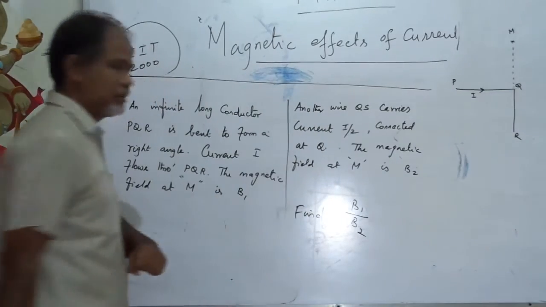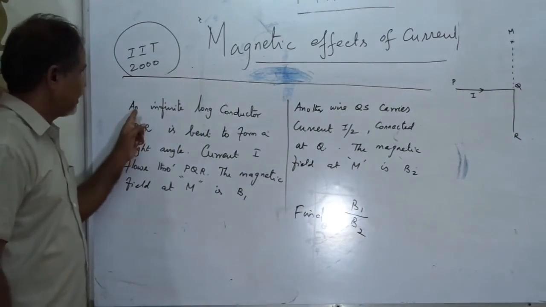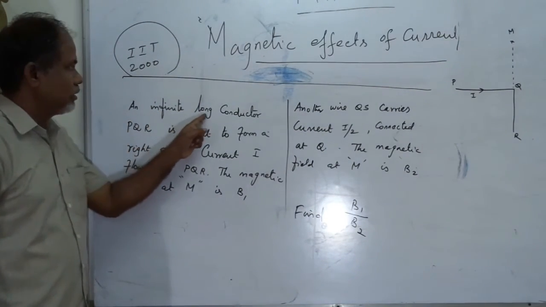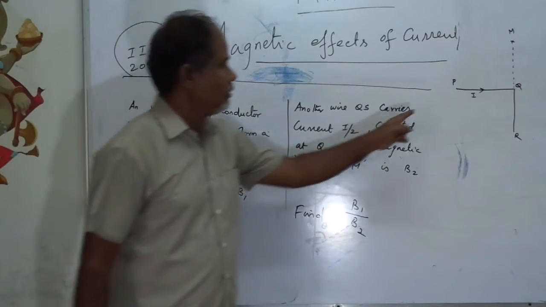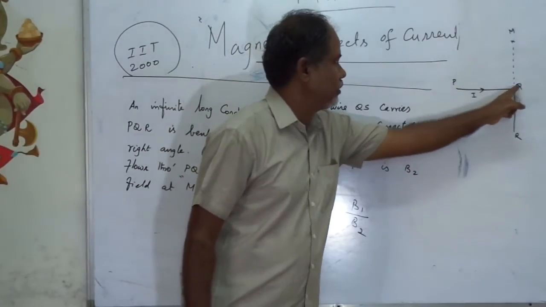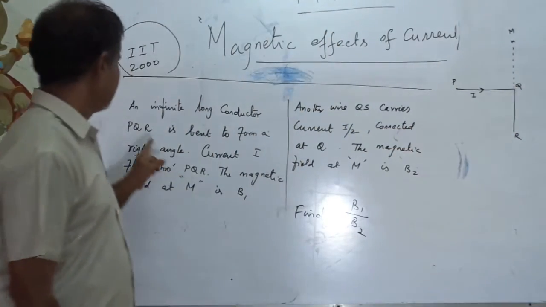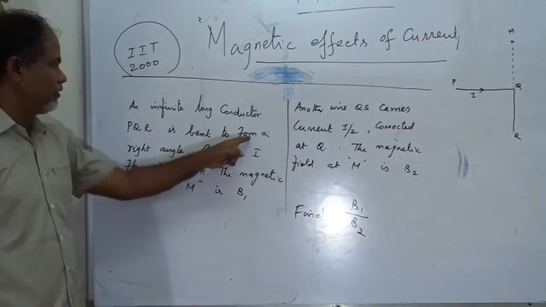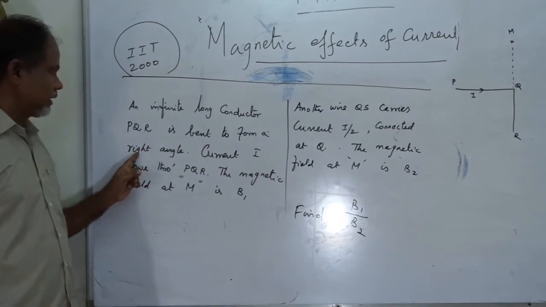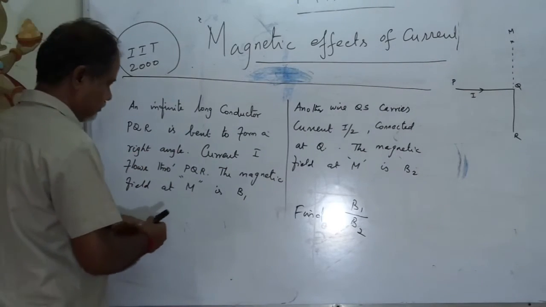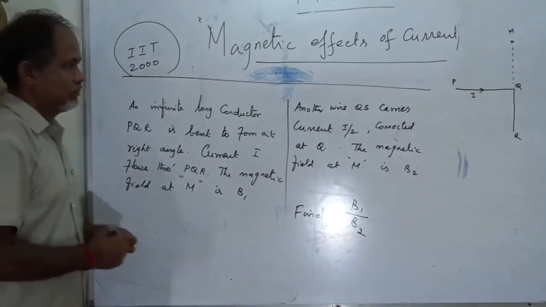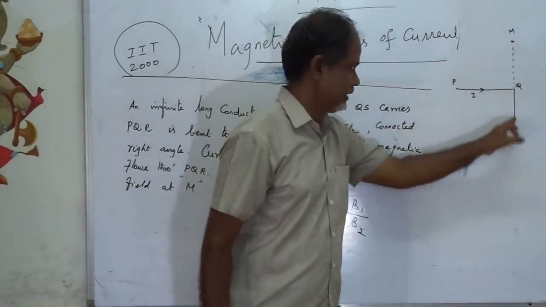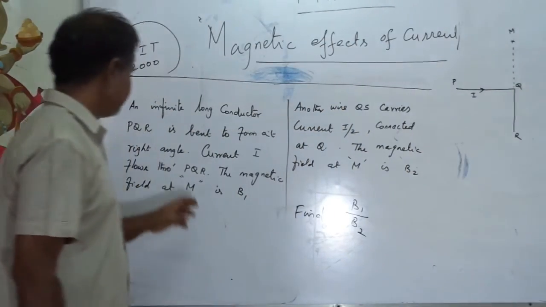Let us consider the question: an infinitely long conductor PQR is bent at a right angle, 90 degrees.